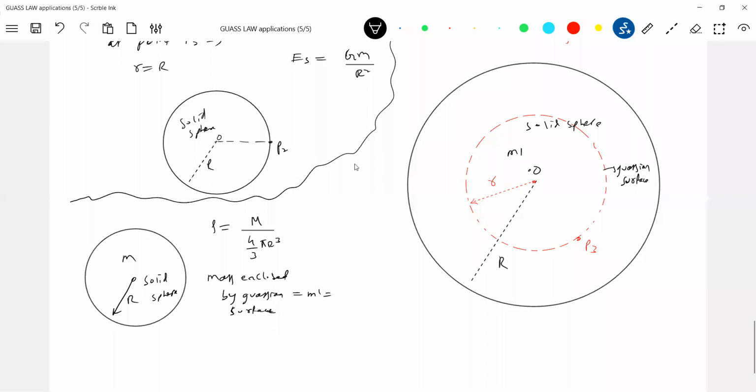Density into the volume of that, 4 by 3 pi r cube. M dash equals rho into that, where rho is M by 4 by 3 pi R cube. The 4 by 3 pi cancel, so M dash equals M r cube by capital R cube.